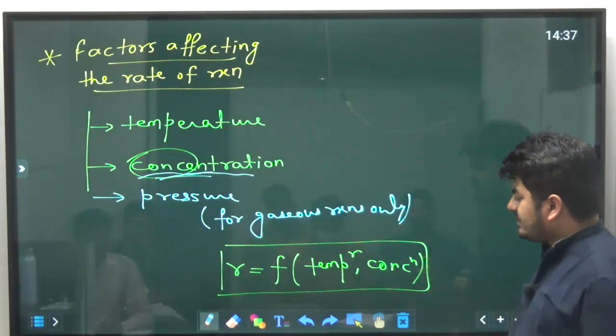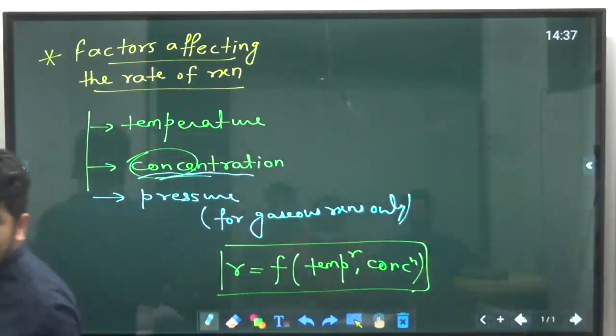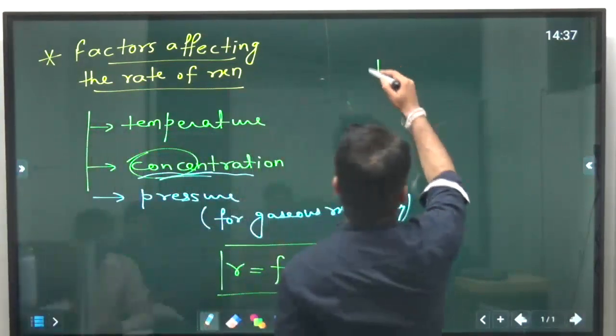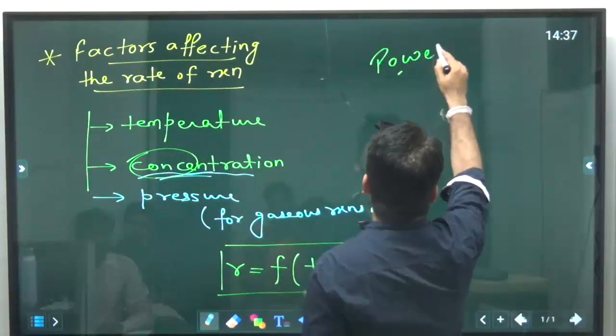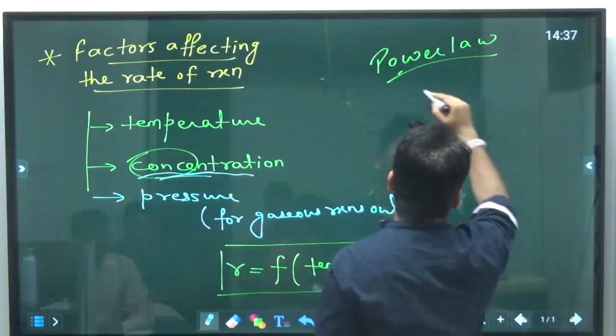Now to know the equation, like in which form is this function? They have several theories, but the most suitable theory, which is widely acceptable, is power law, also known as rate law.